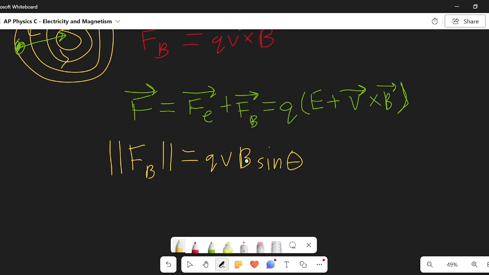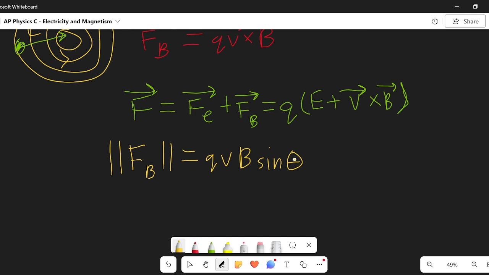The magnitude of the velocity of the charge times the magnitude of the magnetic field times the sine of the angle between the charge's direction and the magnetic field. So it'll look something like so, right?